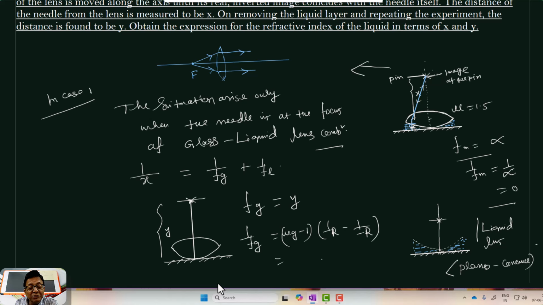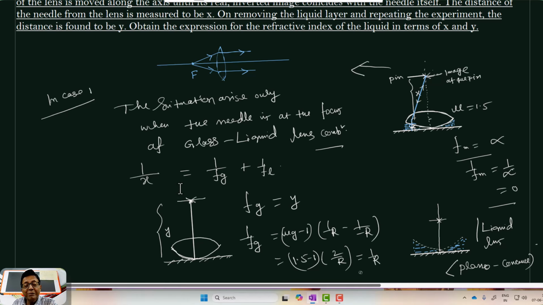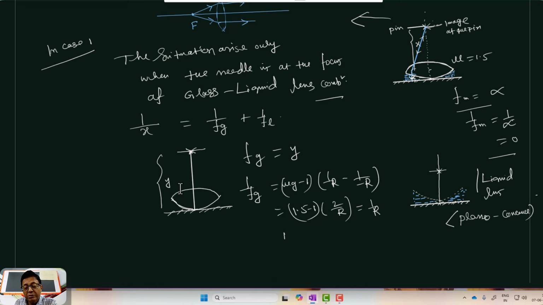My diagram is not very clear, but imagine this is an equiconvex lens. This is (1.5 minus 1) times (1 by r plus 1 by r), which is 2 by r. So 2 into 0.5 is 1, 1 by r. So Fg, or y, is equal to r.